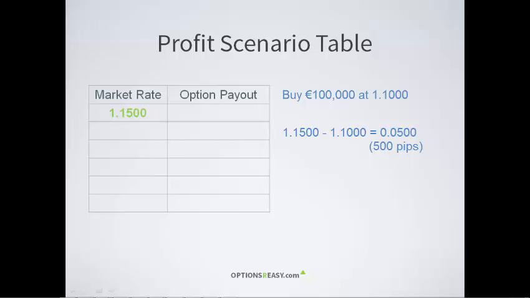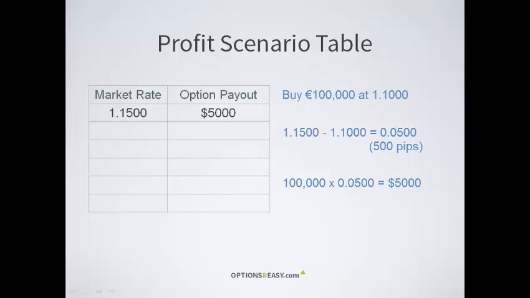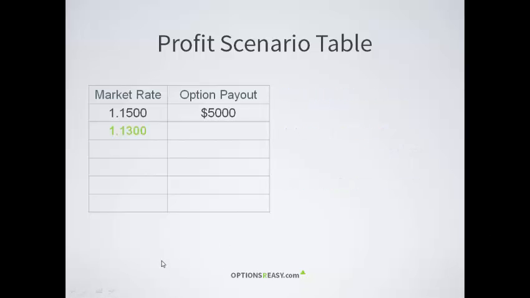Now to translate this into monetary terms, we simply multiply the 500 pips by the option's deal size, that is 100,000 multiplied by 0.05, which equals $5,000. Now, what if the market were trading at 1.13?